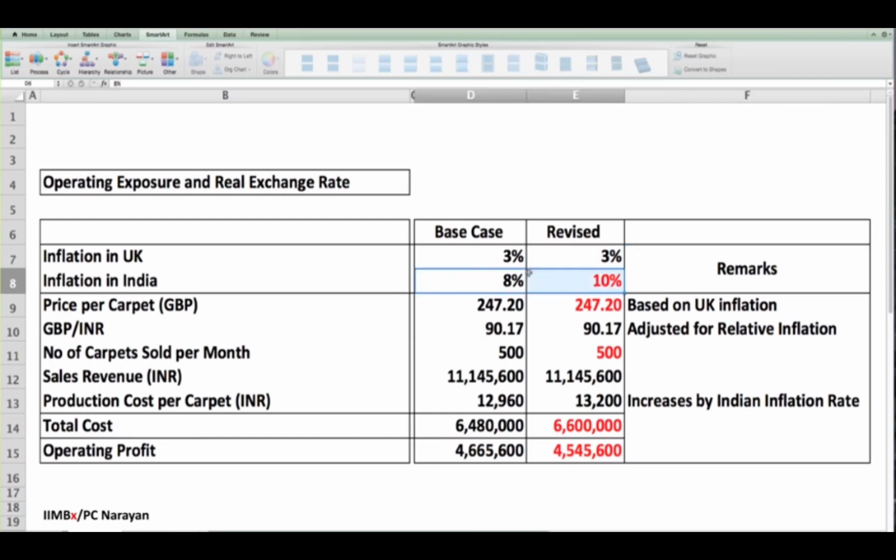There could be other factors that affect this relationship between the Indian exporter and the British importer. Let us say, for example, for competitive reasons, the British importer demands a reduction in the price of the carpets, and let us say the new price is 240 GBP per carpet.